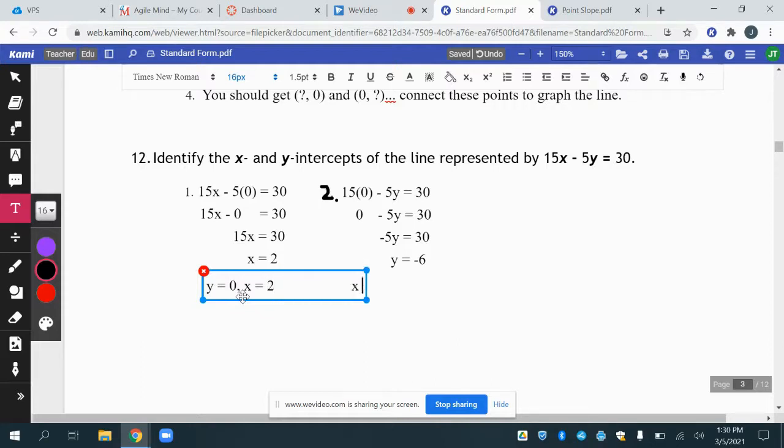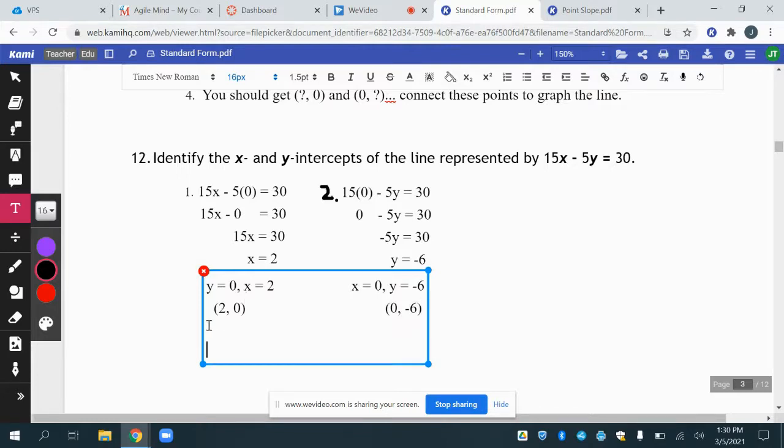And if x equals 0, y equals negative 6. So my points are, remember, x always goes first in the point, so it's 2, 0, and 0, negative 6.